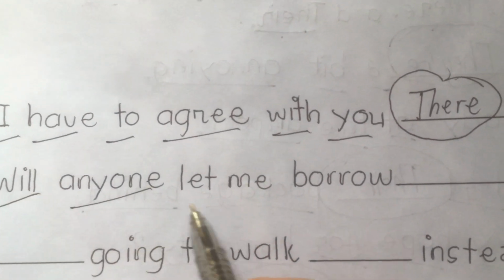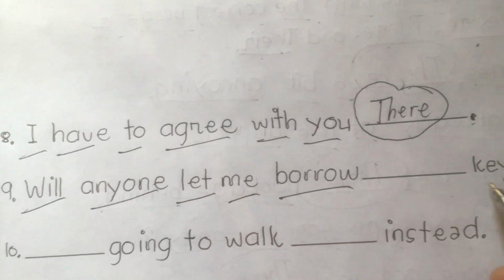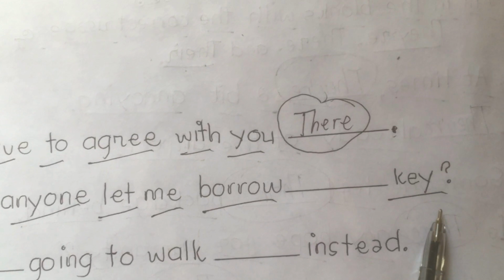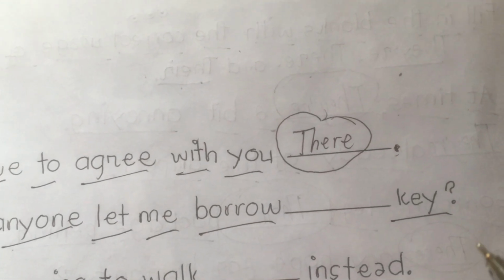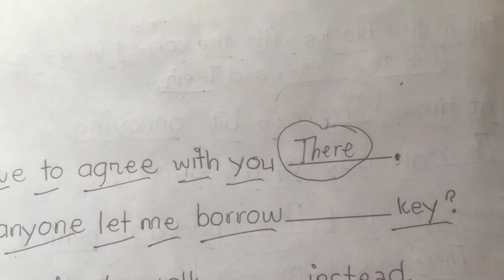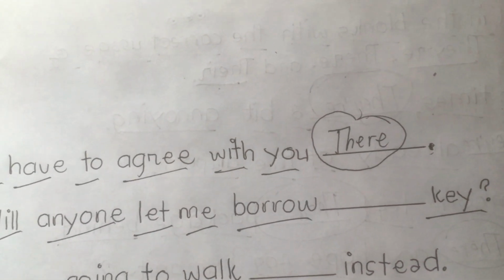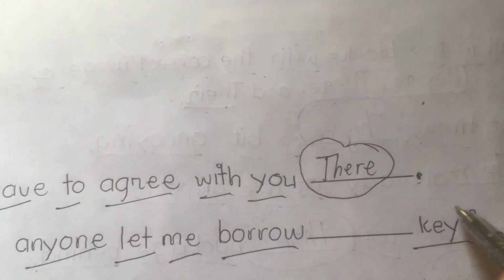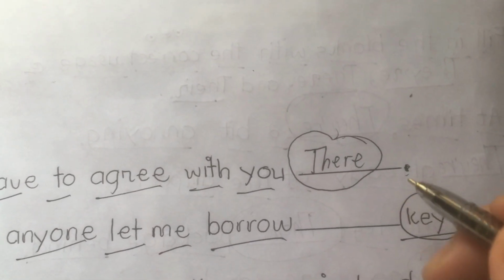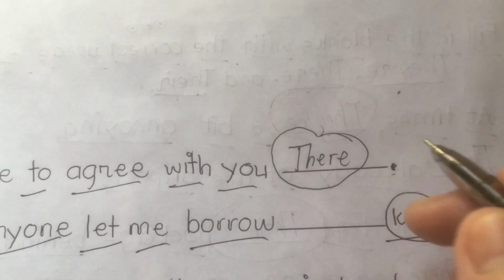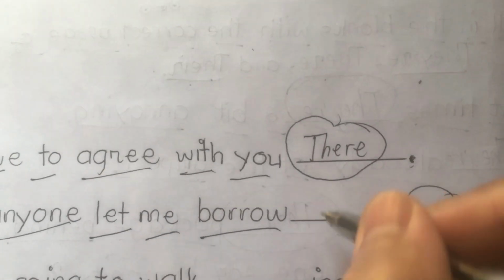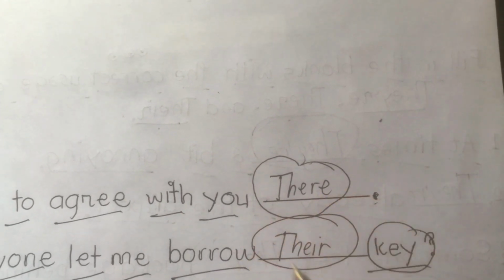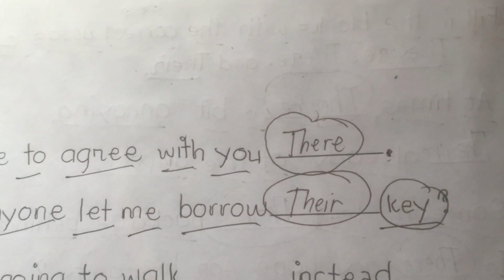Will anyone let me borrow blank K? What is your answer? That was number 9. Because of the word K, we're going to use a pronoun that shows ownership, their. Number 10.